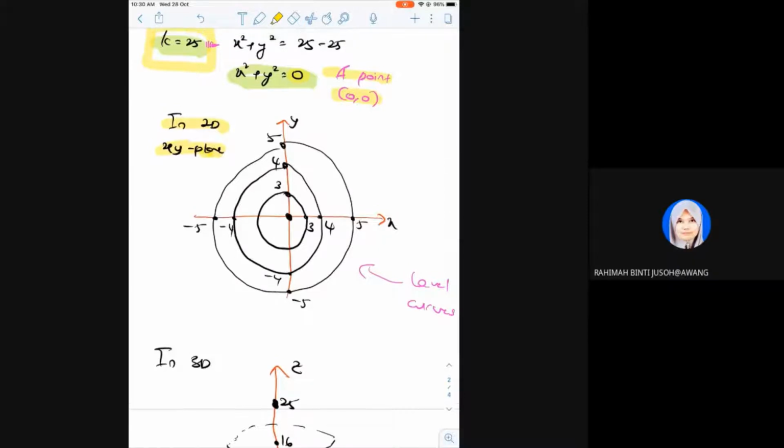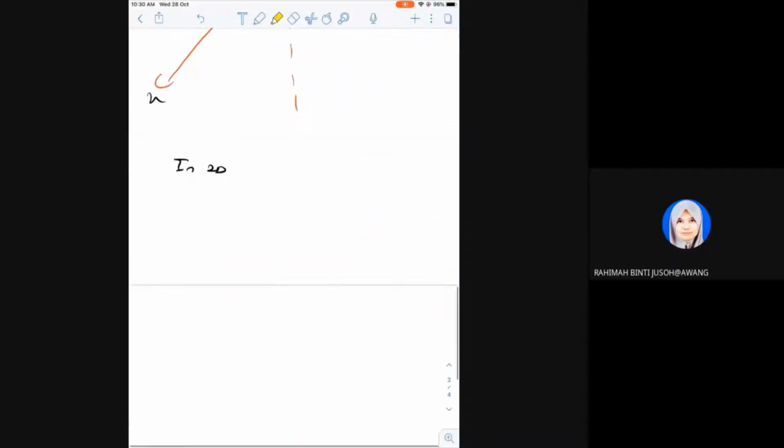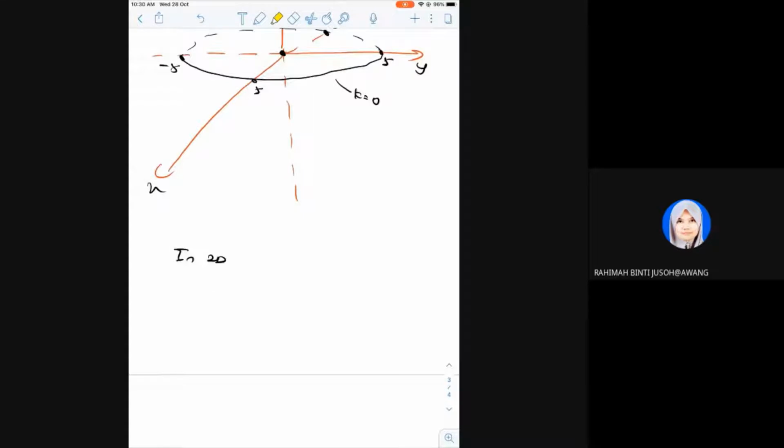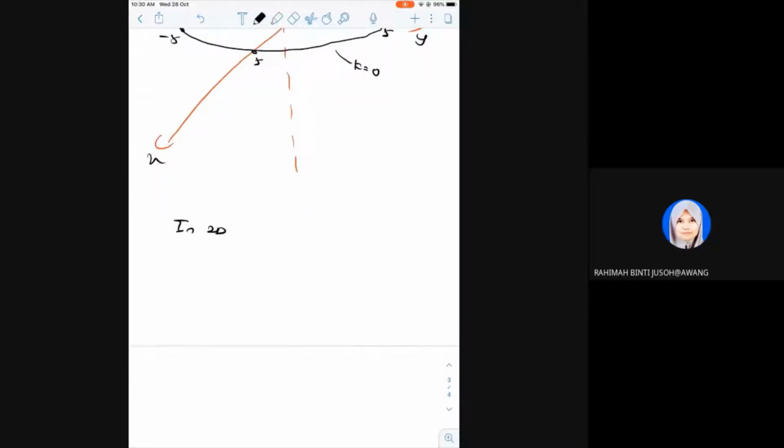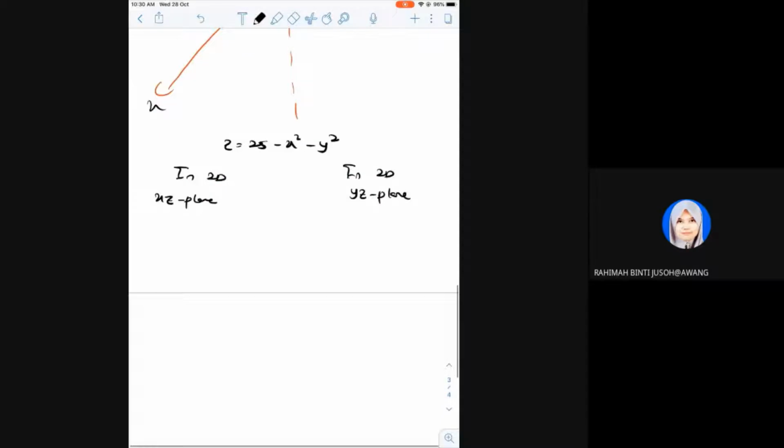Now I'm going to sketch the graph for z equals to 25 minus x squared minus y squared in 2D for the XZ plane, and then in 2D for the YZ plane. Tadi XY plane, yang atas tadi. Yang ni kita akan buat XZ plane dengan YZ plane.